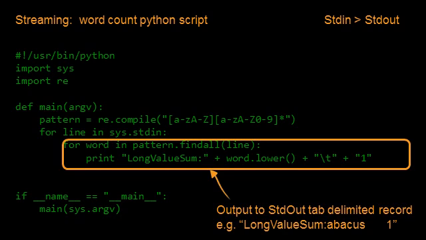So it would say LongValueSum:whatever the word is that's been identified, and then the number 1. So you'd end up with a very large file with a lot of words with the number 1 next to them. That will be the mapper stage of this particular job.